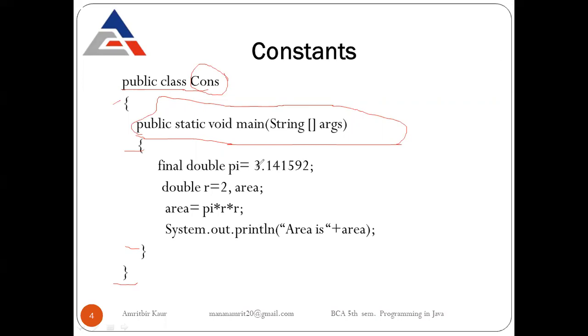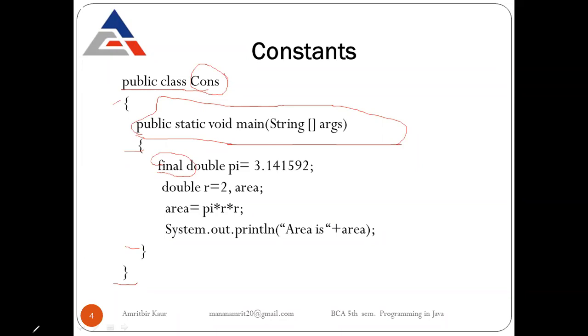So firstly, we want to define pi as constant. So that's why the final keyword is used here. We require another variable for radius and for storing area. Here we are going to calculate the area of a circle. As we know, the area of a circle formula is pi r square. So we use the value of pi.